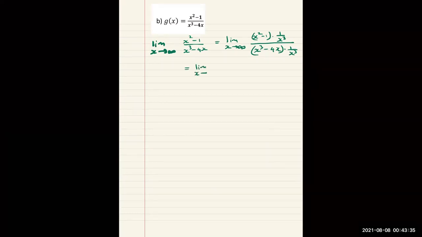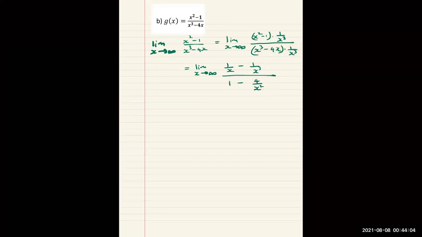If you do this multiplication, you get 1 over x minus 1 over x cubed, divided by 1 minus 4 over x squared. Of course, if you multiply this by this, that becomes 1, and if you multiply this by this, you get 4 over x squared.